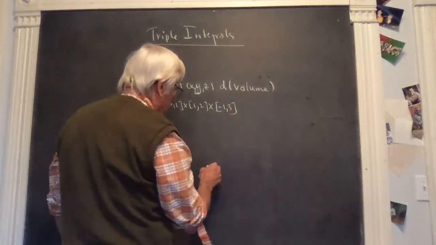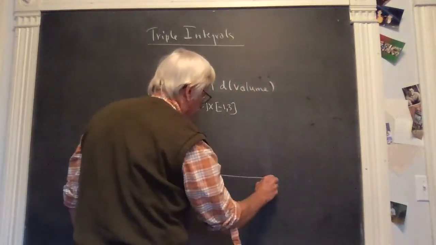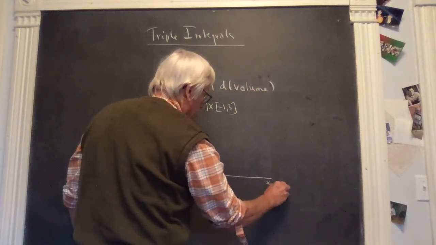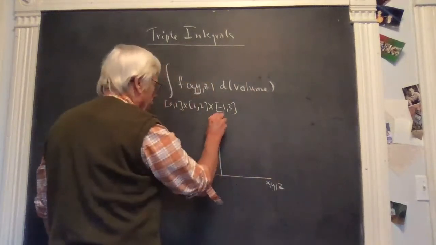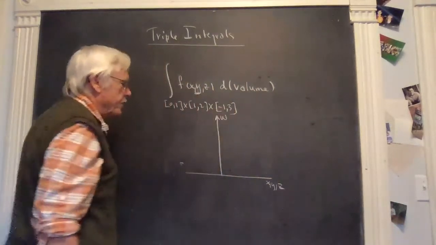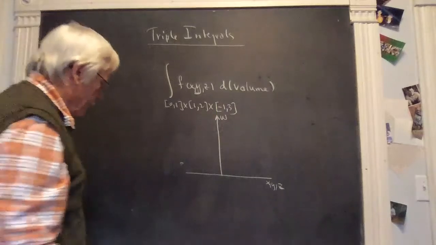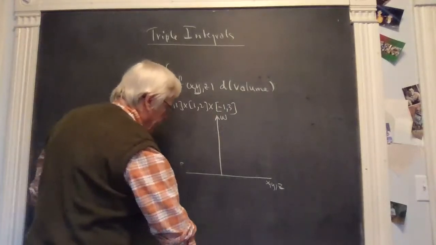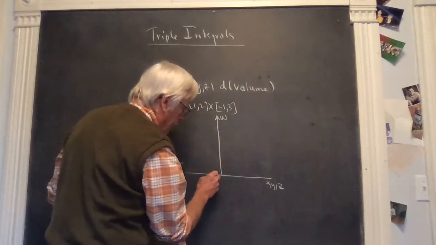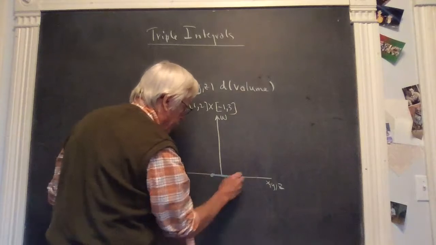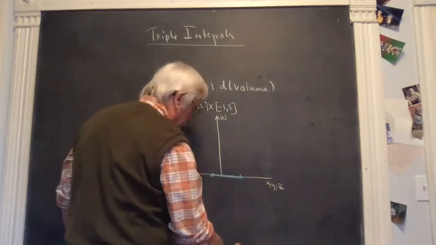But you can kind of picture this by putting the x, y, and z coordinates here, the next coordinate w here, and you've got some domain here. I'll make it look like a line segment, but this is not a line segment.